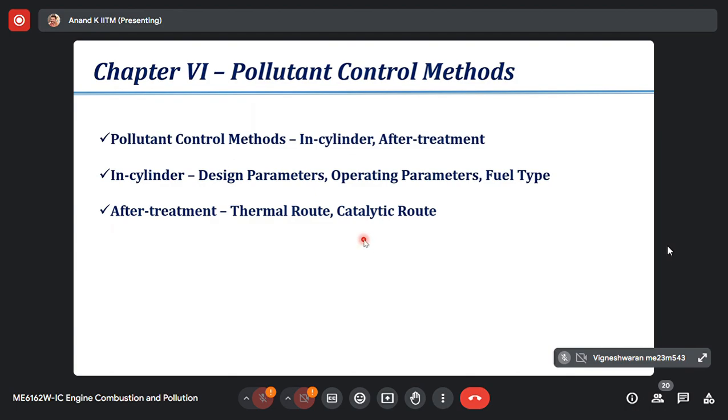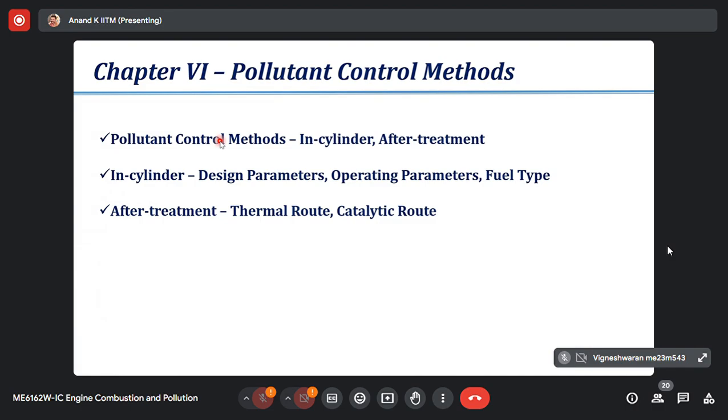In the last class, before we discussed the pollutant control methods, I discussed the typical exhaust gas condition in terms of composition and temperature, which is significantly different in SI and CI engines. In the SI engine, you have higher exhaust temperature because the operating temperature itself is high. And the products are from richer mixture combustion because you run close to 1.1, 1.2, on the richer side. So you will have richer products of combustion in the exhaust of an SI engine.